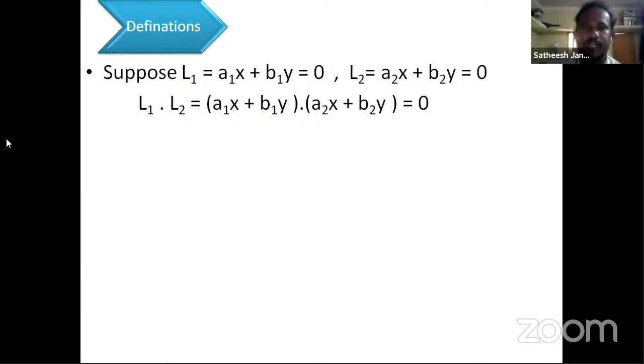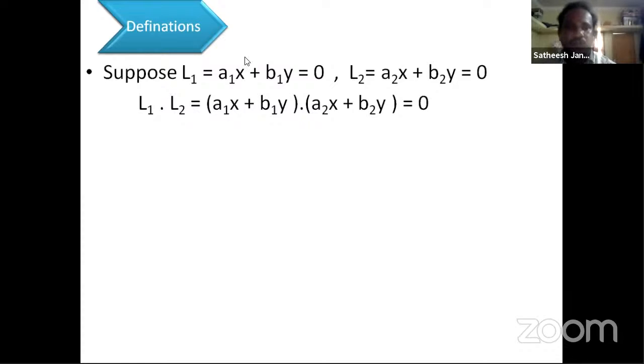They are independent of constant values. Observe the first equation: one x variable and one y variable, there is no constant. In equation 2 also there is no constant. That means they are clearly passing through the origin. If in any line there is no constant, it clearly passes through the origin.